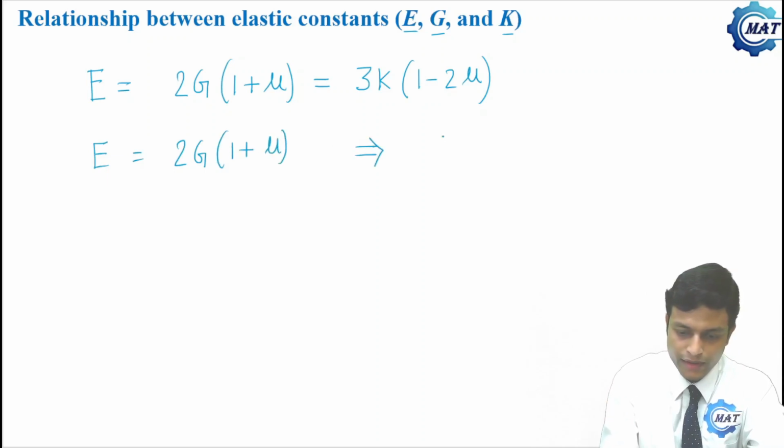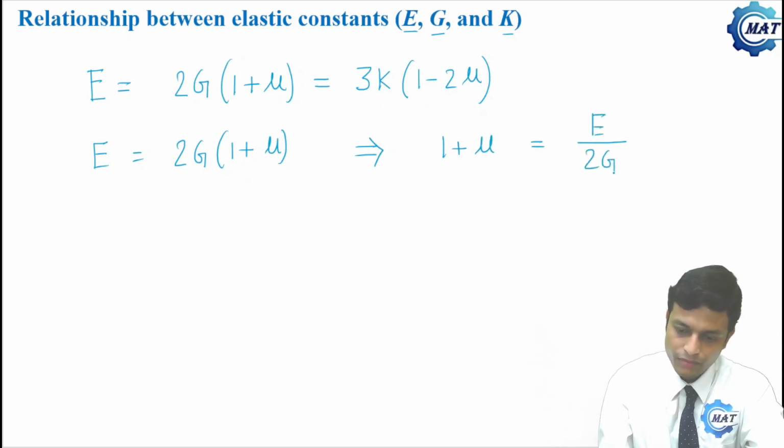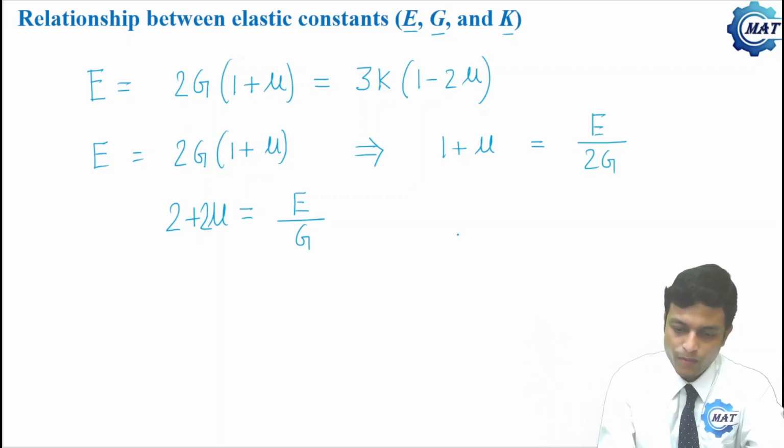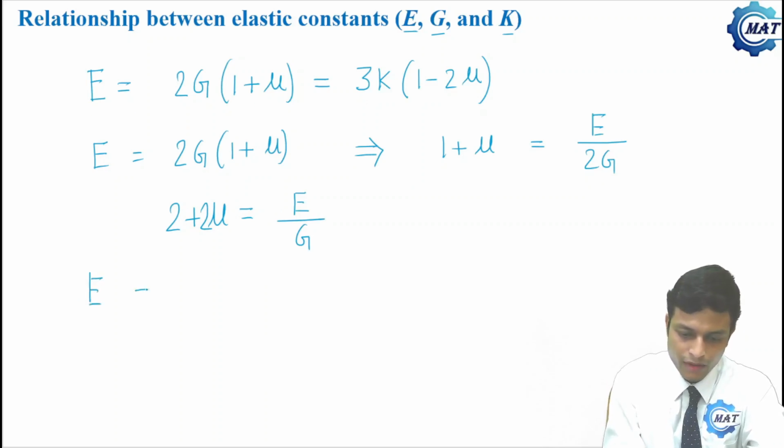From that we can write 1 plus mu is E by 2G, or we can write 2 plus 2 mu is E by G. Say this is equation 1.